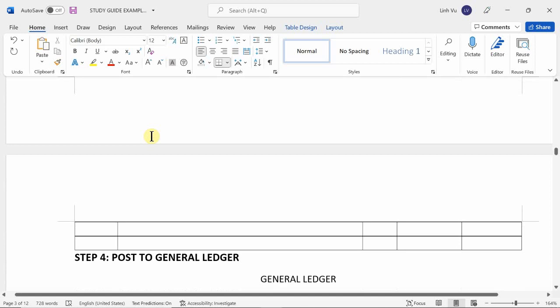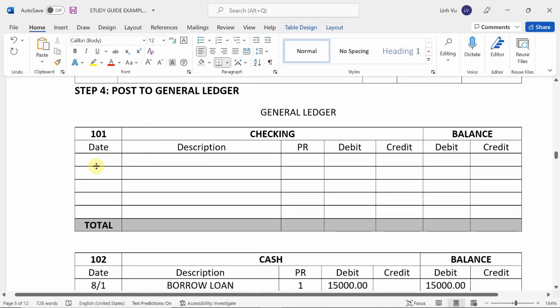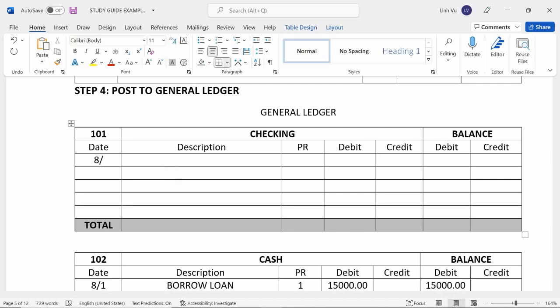And again, I need to post that to my ledger because now I have money in my checking account for $12,500.